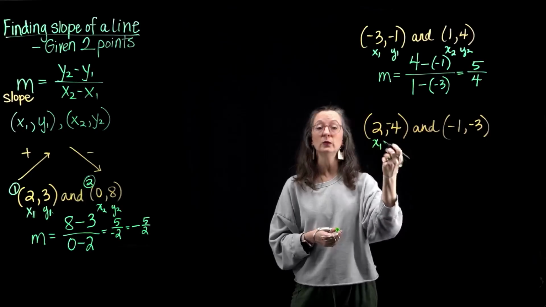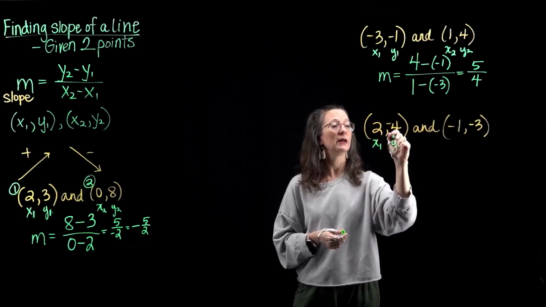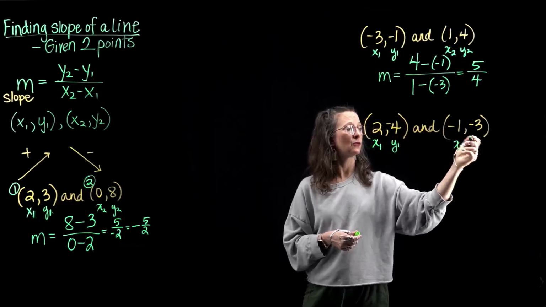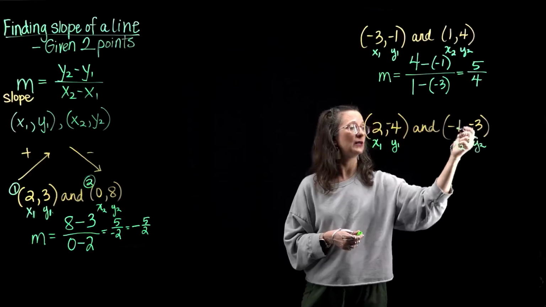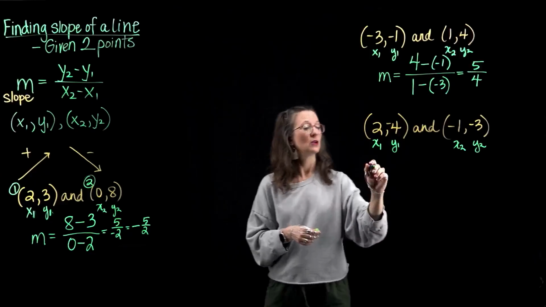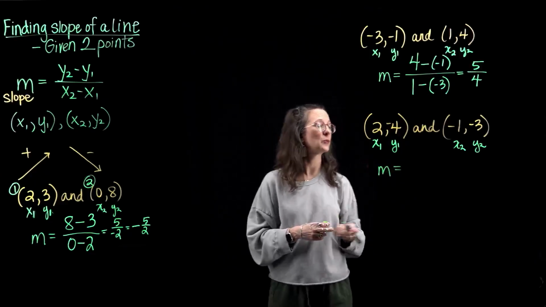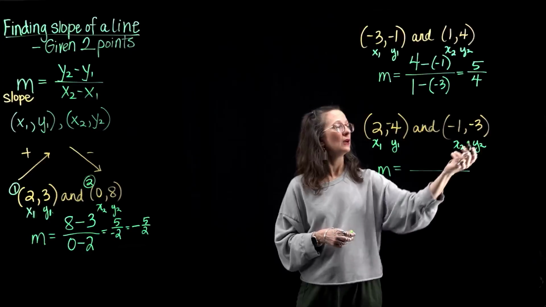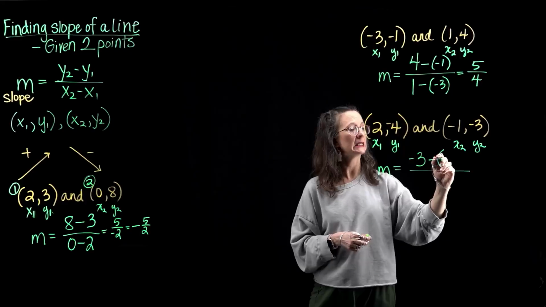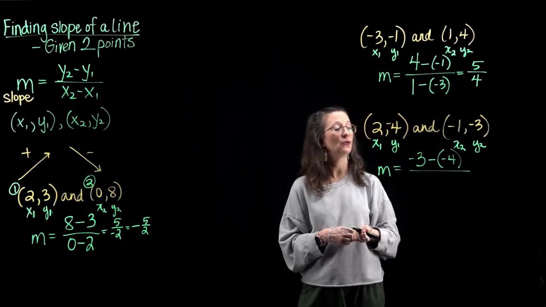So x1 would be 2, y1 is -4, x2 is -1, and y2 is -3. Again, be careful with those negatives. So m equals, my slope is equal to, y2 is -3, so -3 minus y1, which is -4.